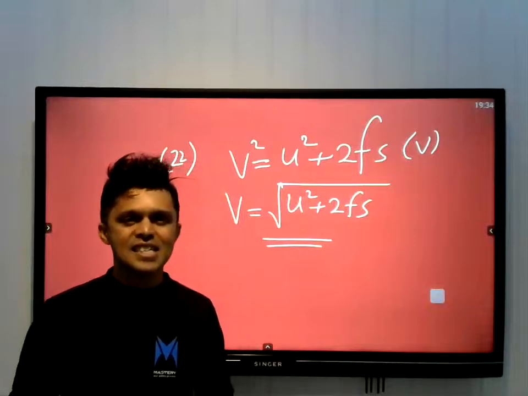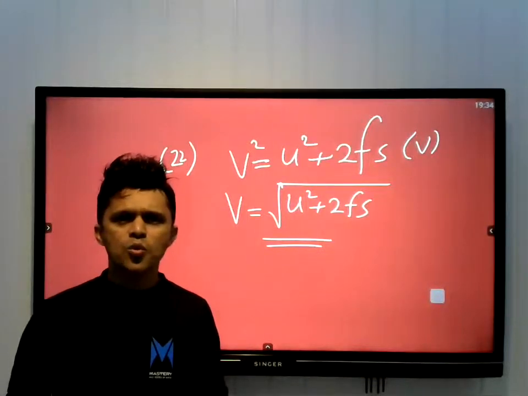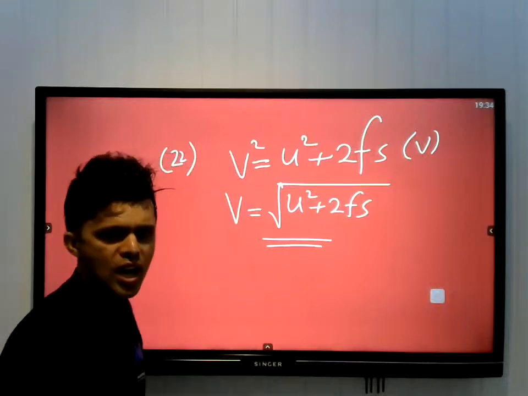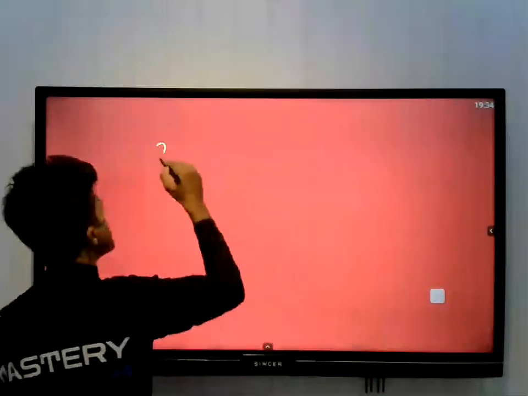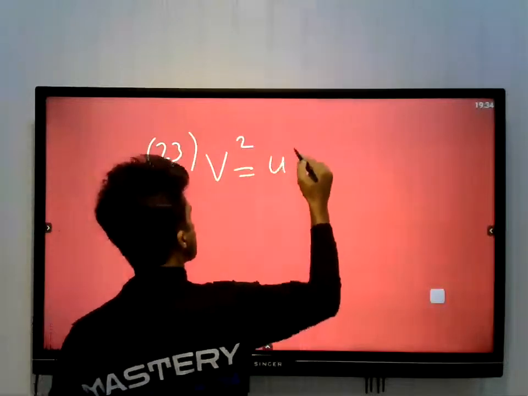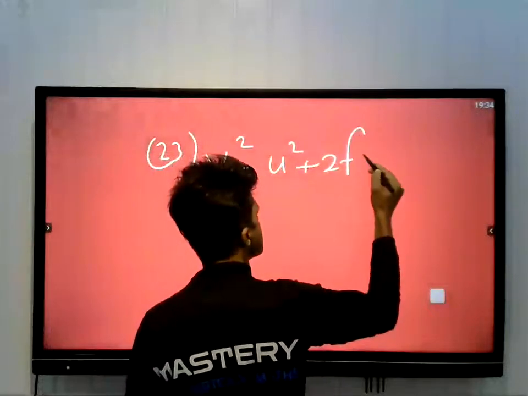So we have written the term v as the subject of this formula. We are also able to write the term u as the subject of the same formula. How do we do that? 23rd one. V squared equals u squared plus 2fs.